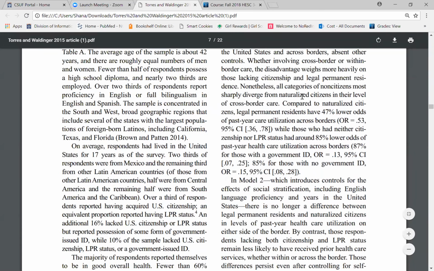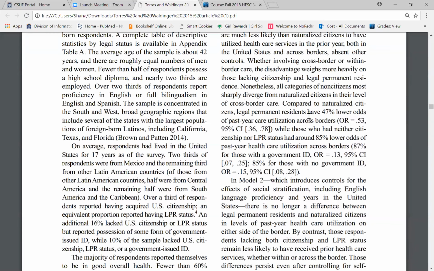So you see here it says, compared to naturalized citizens, legal permanent residents have 47% lower odds of past year care utilization, OR 0.53. Okay, so what that means is that they studied two groups, legal permanent residents versus naturalized citizens, and then the dependent variable was, did they use healthcare across borders, yes or no?